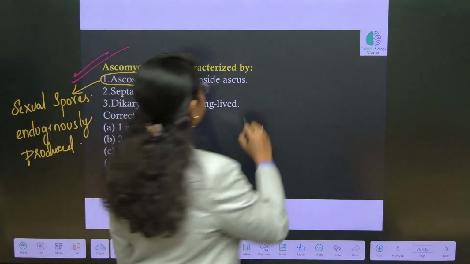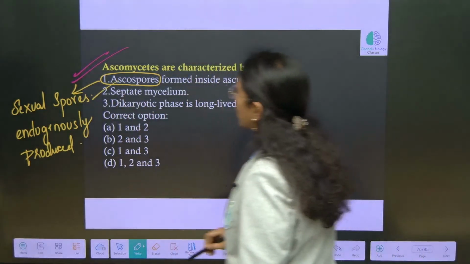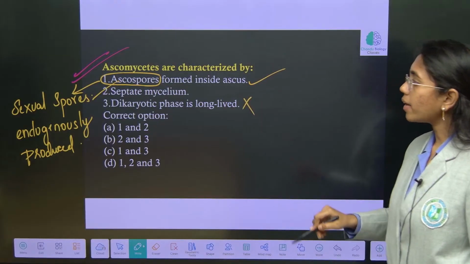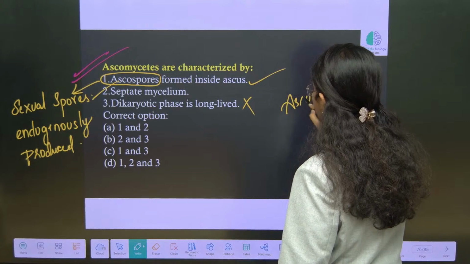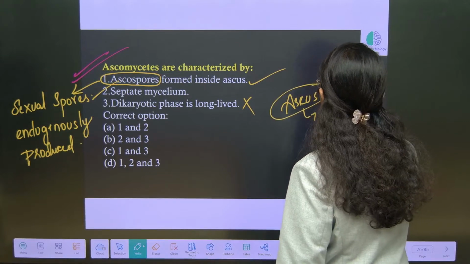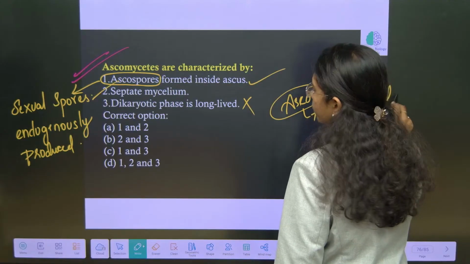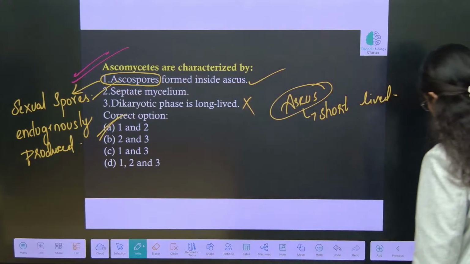Which is true. Septate mycelium is present. Dikaryotic phase is long lived. Wrong. The dikaryotic phase is formed inside the ascus, which is short lived. Fine. So, here 1 and 2 are correct, option A.